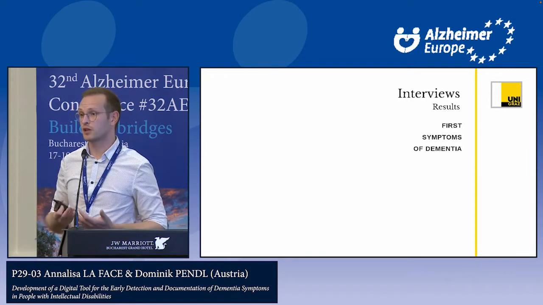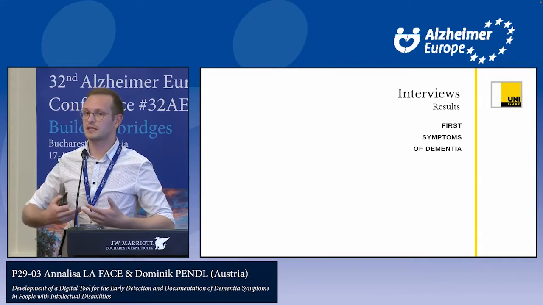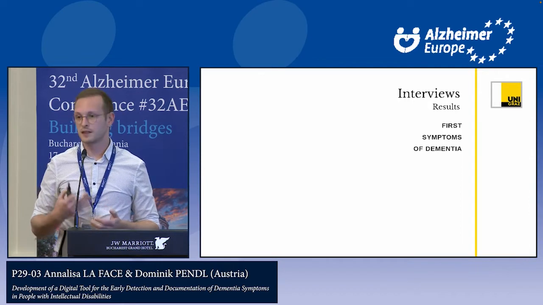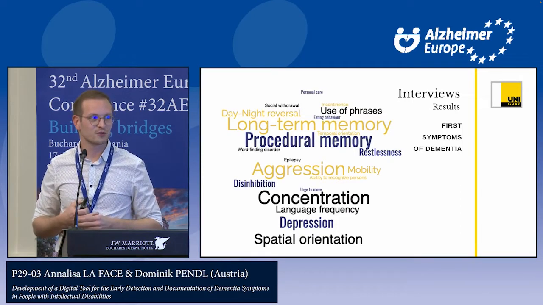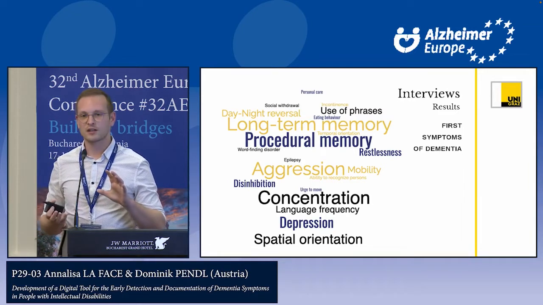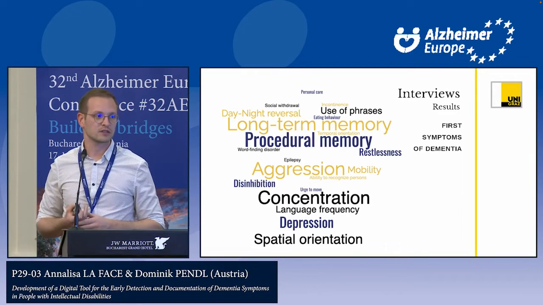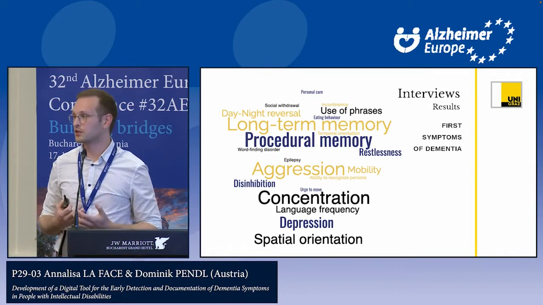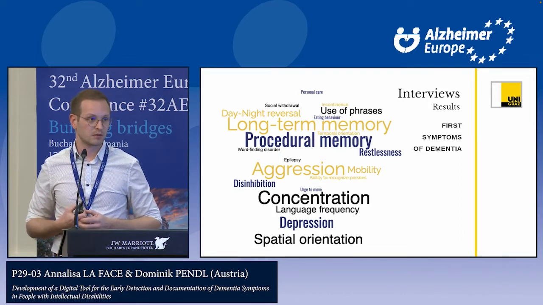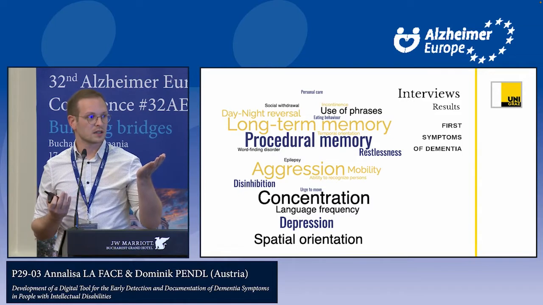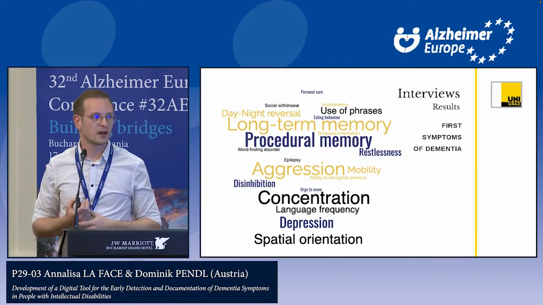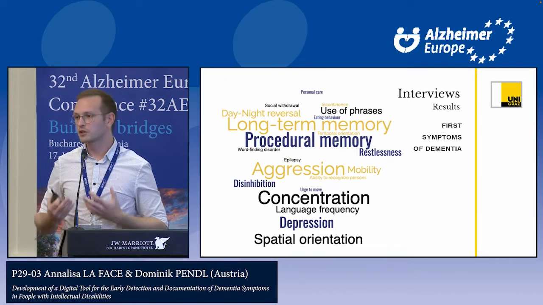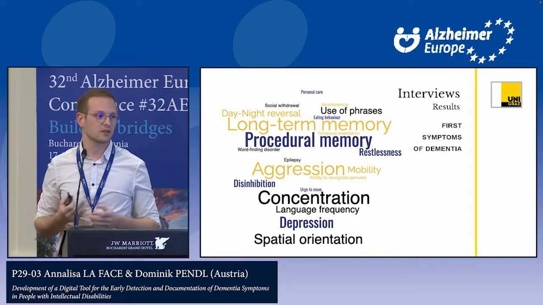We asked the formal caregivers which first symptoms they can see in people with ID, and we brought a word cloud for you. The bigger the words are, the more often formal caregivers stated that this is a first symptom of dementia they have detected in people with AD. As we can see, and as we also heard, there is aggression and these behavioral changes in people with AD, and not so much cognitive things.